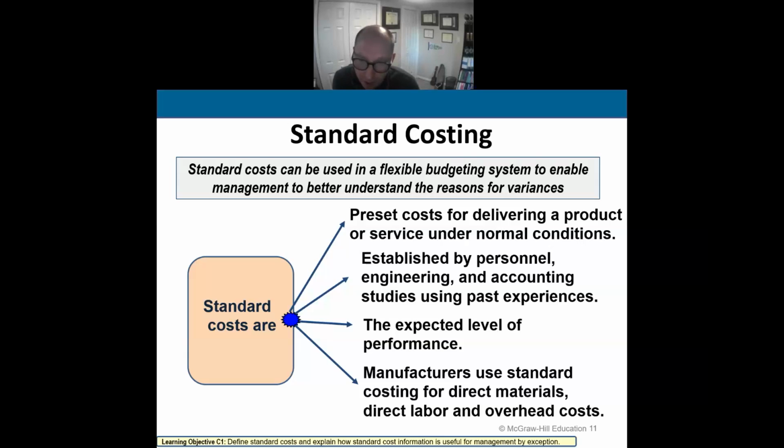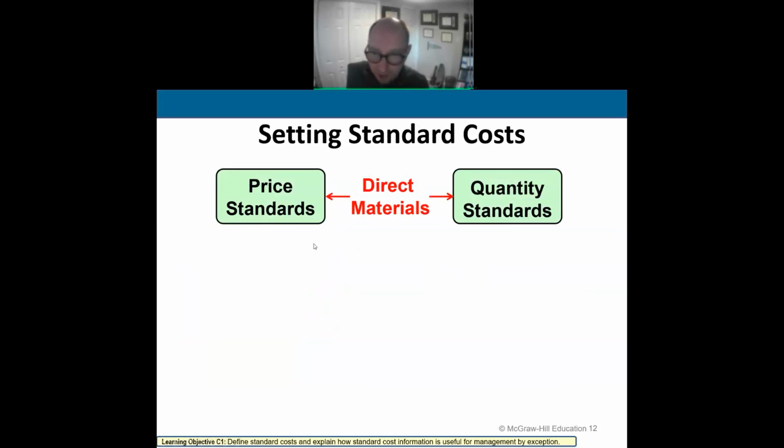They exist based off of people, processes, time measurements, accounting studies, etc. The standard costs are based on the expected level of performance. They're based on the standard cost for direct materials, direct labor, and factory overhead. The standard costs are used in the budgeting process because I can make adjustments.